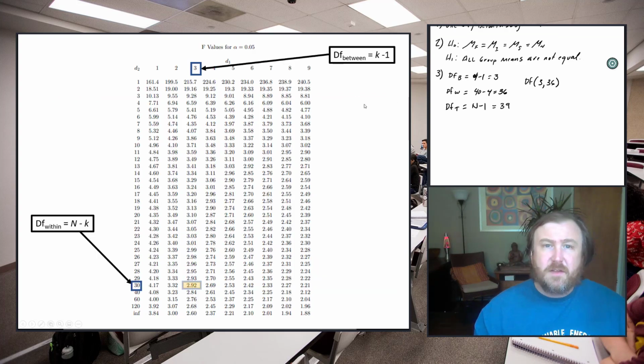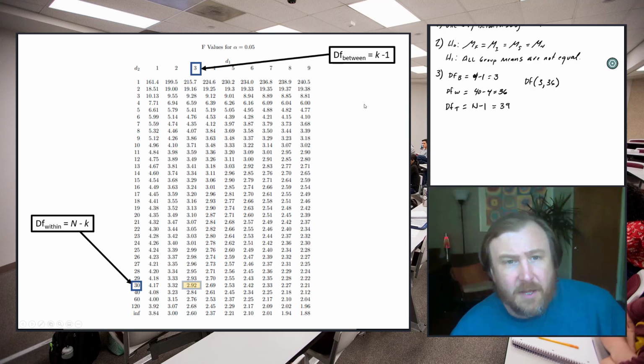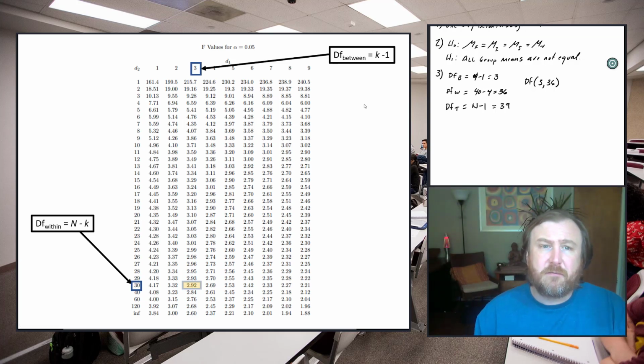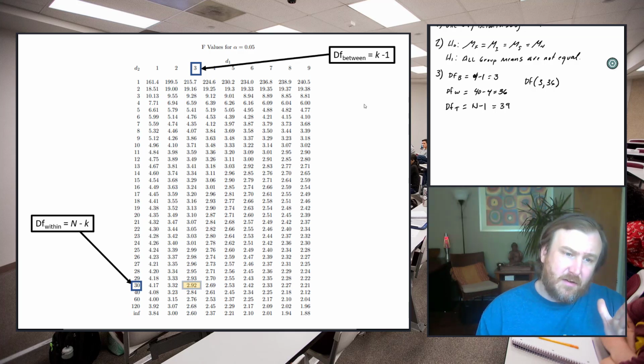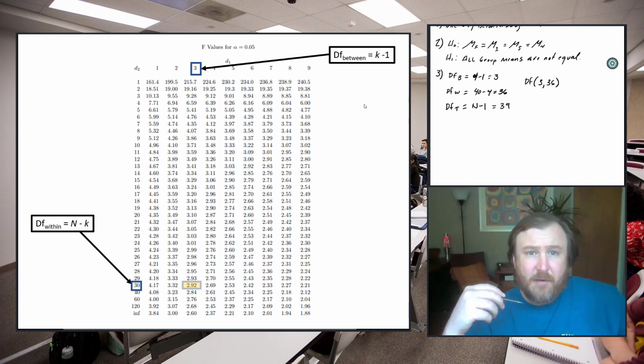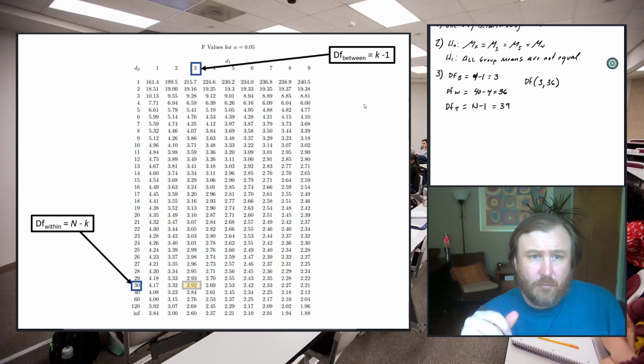Okay, so the next thing we need to do to find the critical value is to use these degrees of freedom to locate the critical value in the table for F. The top columns represent the degrees of freedom between, and the rows going down represent degrees of freedom within. So we have 3 degrees of freedom between, so we look at column 3.